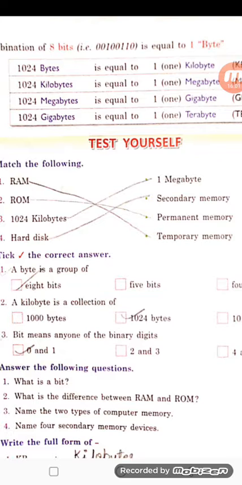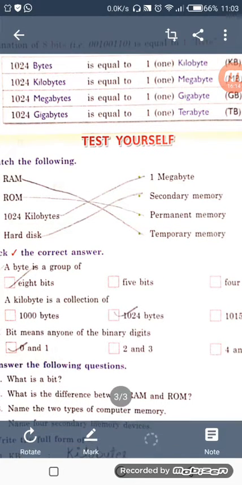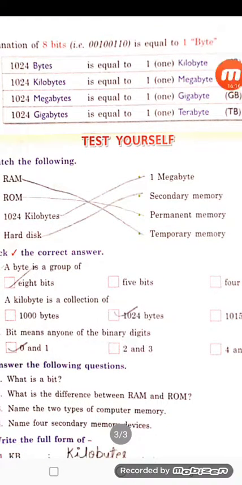A combination of 8 bits is equal to 1 byte, that is, 8 small b is equal to 1 capital B. 8 bits is equal to 1 byte. 1024 bytes is equal to 1 KB or 1 kilobyte. 1024 kilobytes is equal to 1 megabyte or 1 MB. 1024 megabytes is equal to 1 GB or gigabyte. 1024 gigabytes is equal to 1 terabyte.